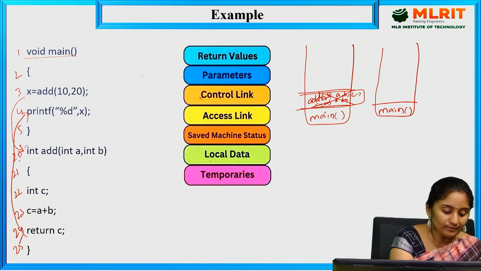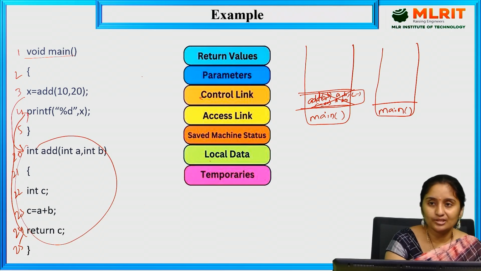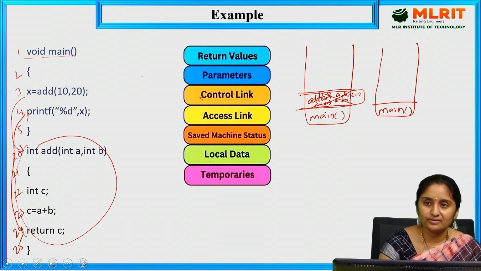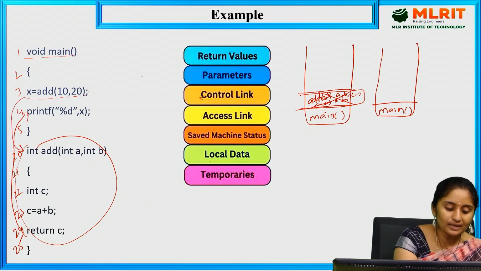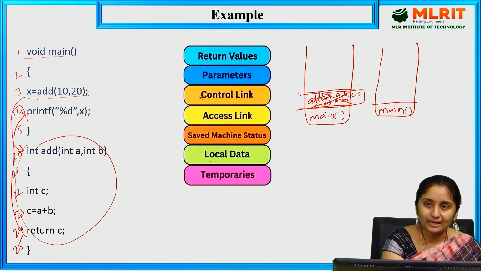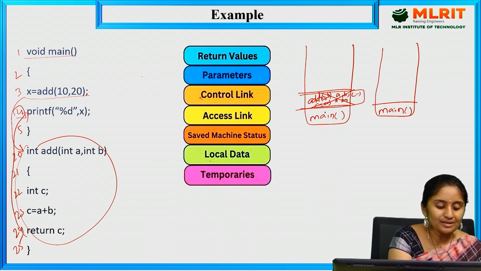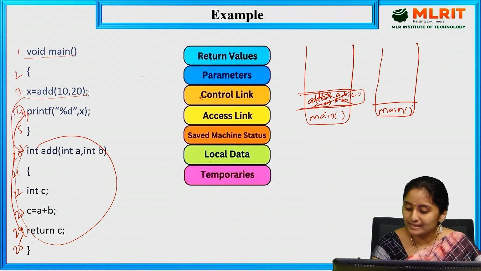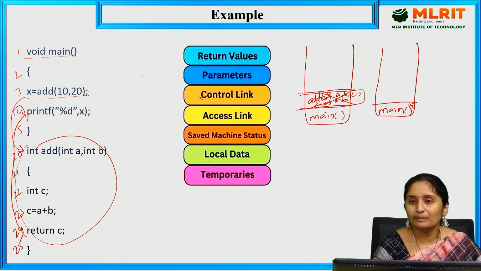After executing this definition, which line should I execute next? That is the fourth statement, the printf, which I have numbered 4. So after the third statement and the definition execution, the next statement to execute is the fourth statement.